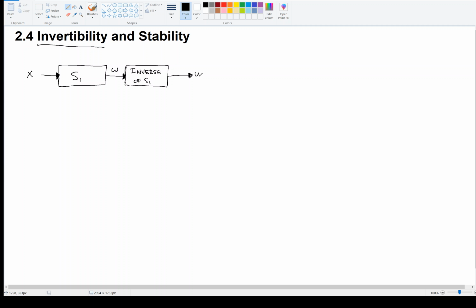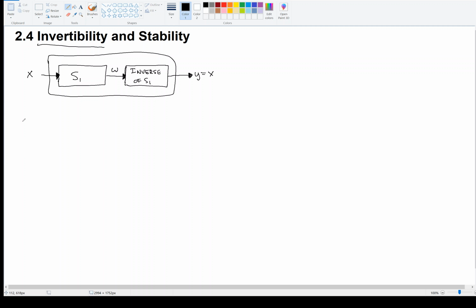I get the output Y is equal to the original input X. Okay, so we can look at this as one big system where the input goes through and just reaches the output. Nothing's changed. If that's true, then this second system is the inverse of S1 and vice versa. Okay, well, let's start to consider what that really means for us.